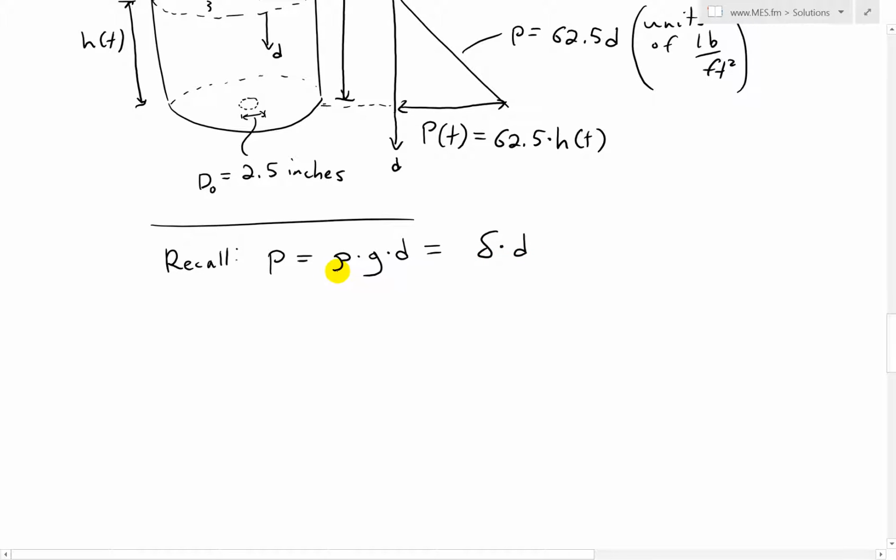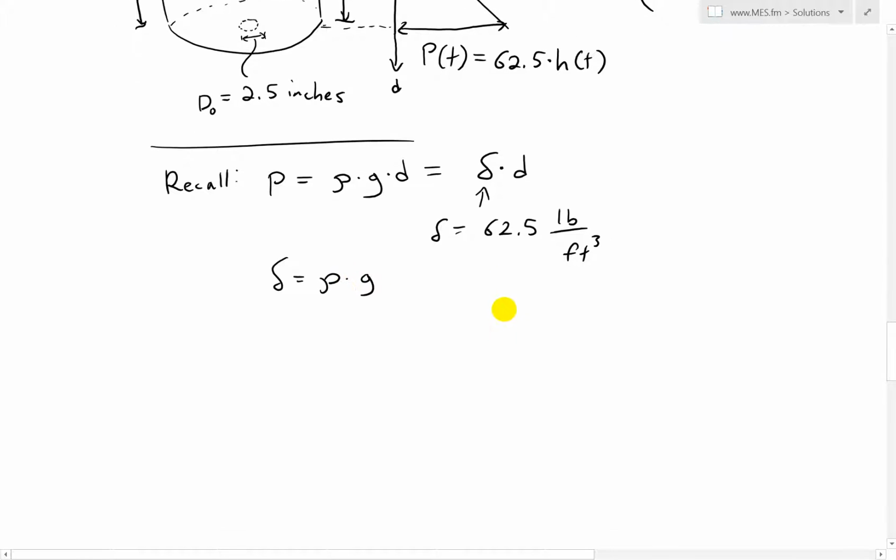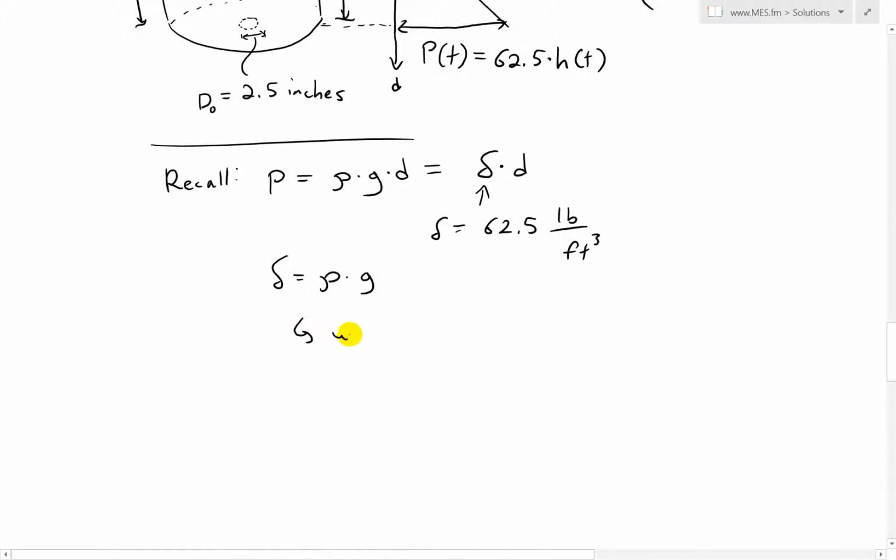This is rho. So we have rho times g times d equals this, where delta equals 62.5 pounds per foot cubed. So it's a weight density, pounds is a unit of weight, and delta is equal to rho times g, where g is acceleration due to gravity, and we'll use 32 feet per second squared.